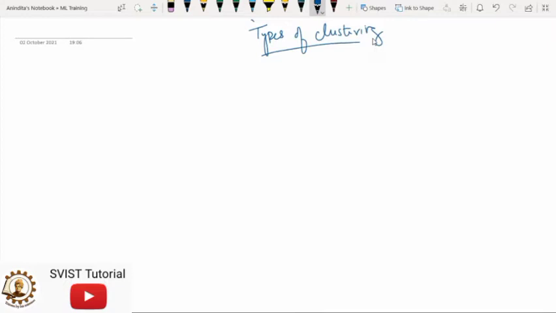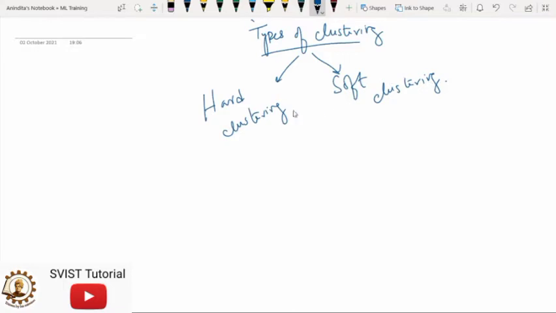Here the clustering methods are broadly divided into two parts. One is known as hard clustering and another one is known as soft clustering. What is the meaning of hard clustering? Hard clustering means whichever data points we have, each data point belongs to only one group.